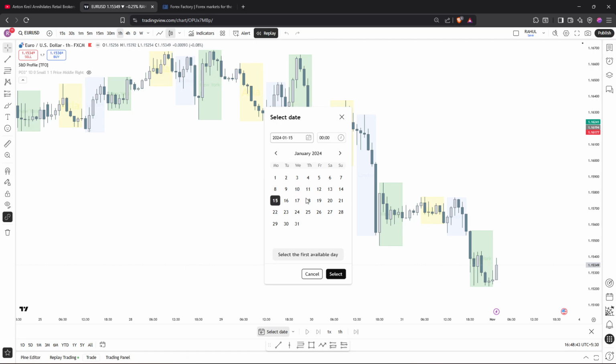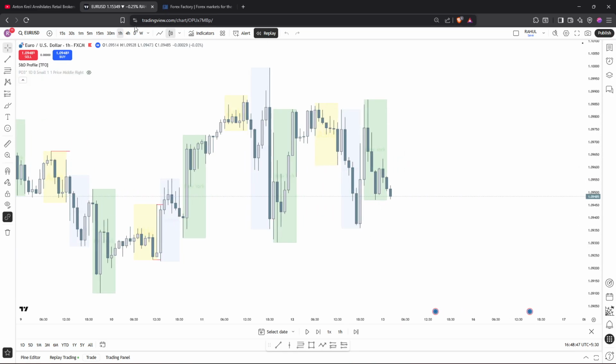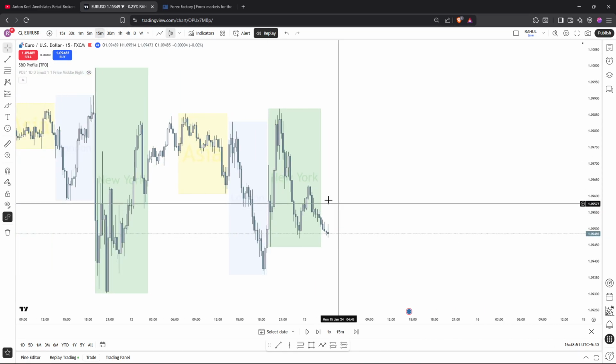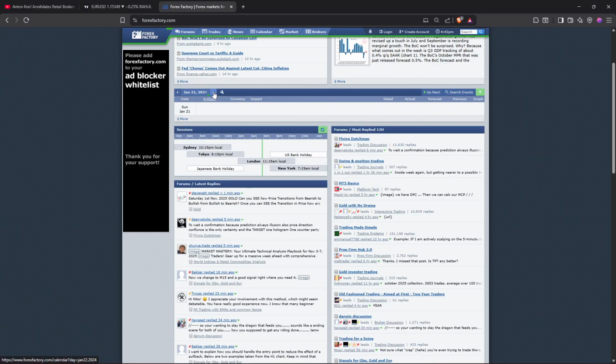January 15. Let's see what happened in the market. Just quickly go over the 15-minute time frame while we check out the next week. Okay, so next week, 22, there are no news. This is likely to be traded.